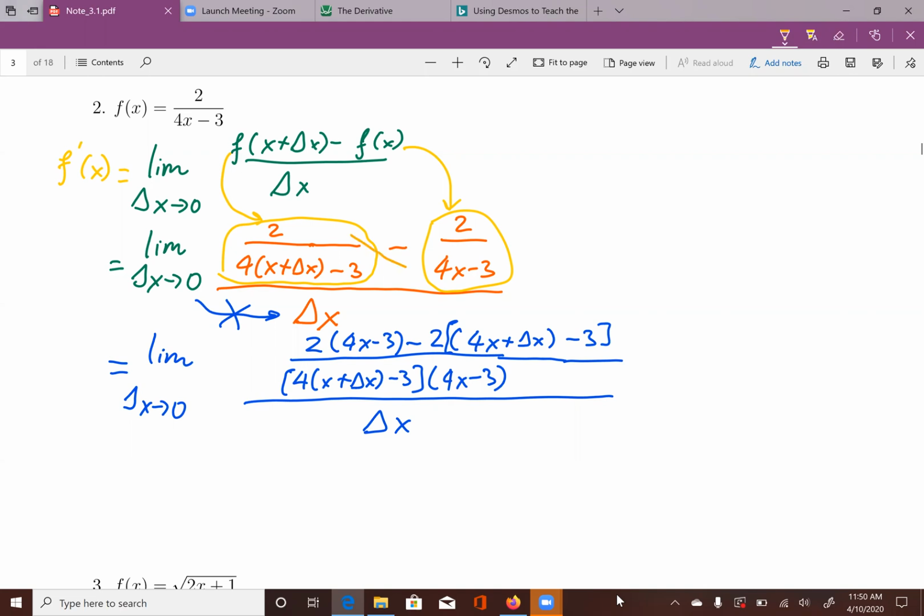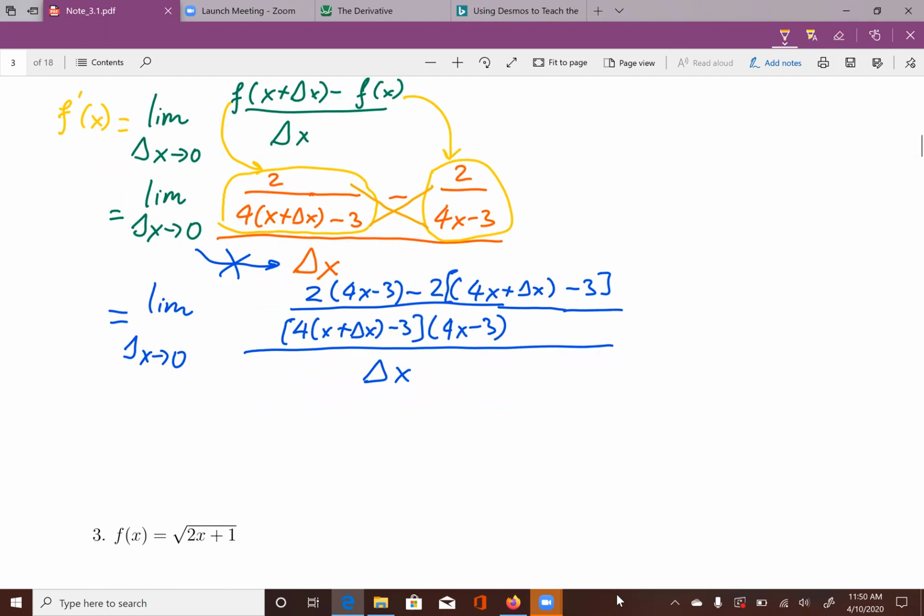You multiply this 2 times 4x minus 3, and then you minus this 2 times this denominator. And then you want to put it in a bracket just to make sure that you're separating this denominator and this 2.